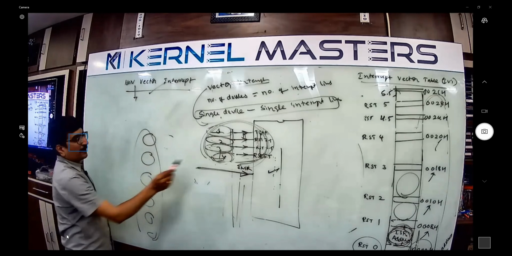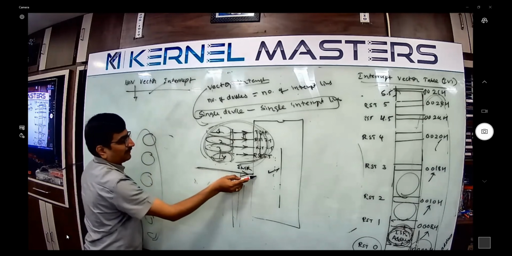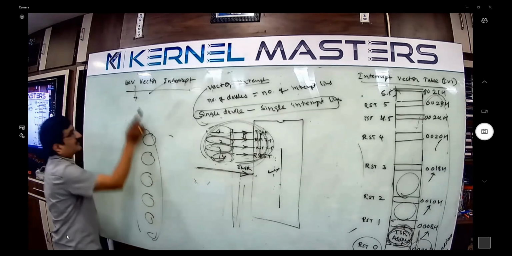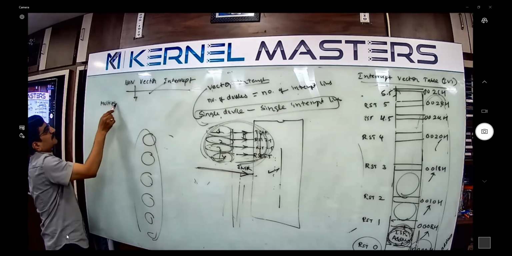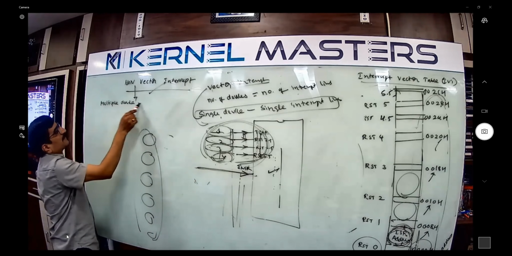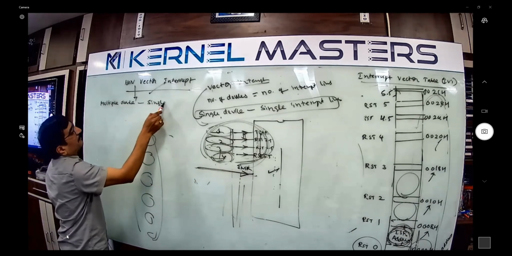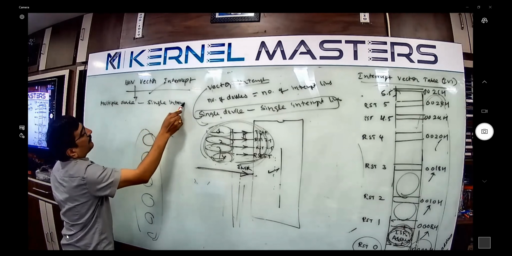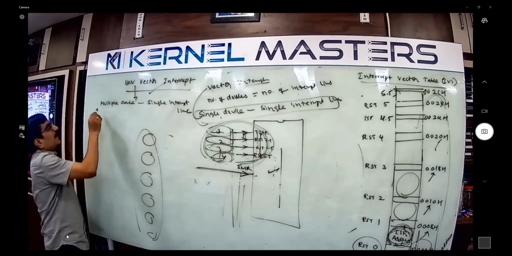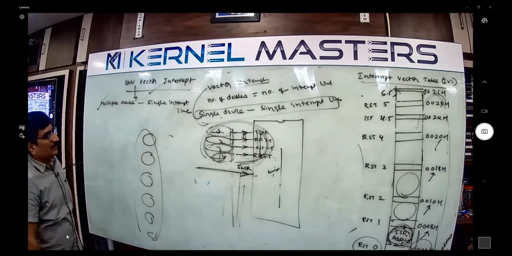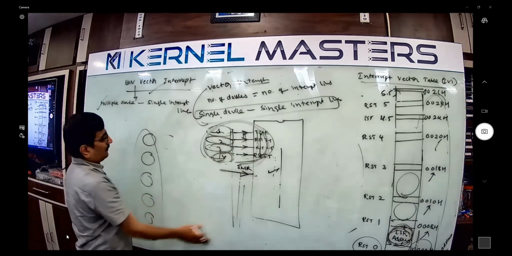Multiple devices communicate with the microprocessor through a single interrupt line. That is the non-vector procedure, and for this reason the non-vector interrupt comes into the picture.